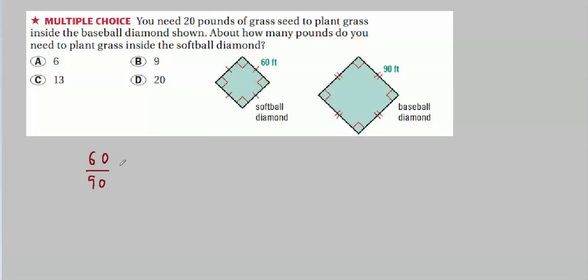And let's divide top and bottom by 30 and get 2 over 3. That's our scale factor. For instance, we can call this K. But we're talking about area now, so we need K squared. That's 4 over 9.